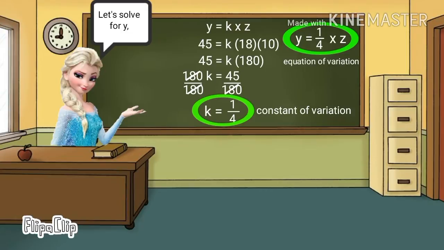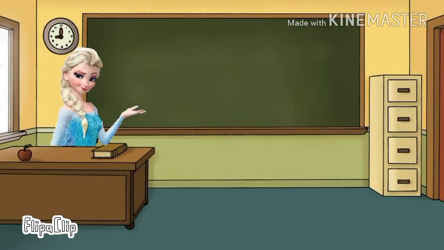Let's solve for y. Since we already found out the value of k, we can now solve for y. Substitute the values in which k is equal to 1/4, x is equal to 20, and z is equal to 30. Then multiply x and z.